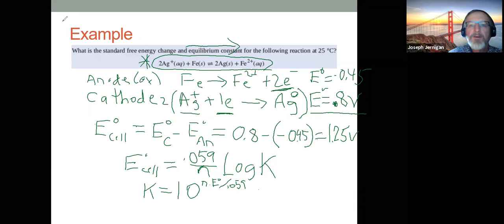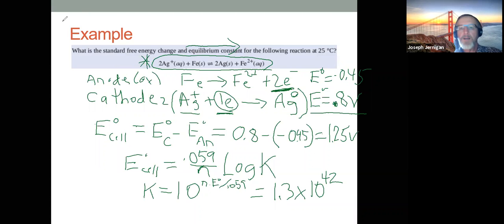Now what's N here? N is going to be 2, because we're getting 2 electrons out of this, and we're making 2 form here. So that 1 really is 2 because we multiplied it. So that's K, and this is a huge number, 1.3 times 10 to the power of 42.